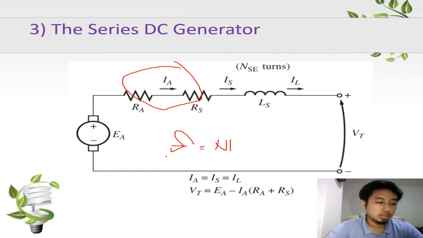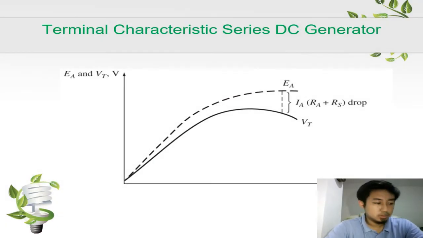So this is the KVL, Kirchhoff voltage law equation of this type of generator. For the terminal characteristic of the series DC generator, the magnetization curve looks very much like the magnetization curve of any other generator. At no load, however, there is no field current, so VT is reduced to a small level given by the residual flux in the machine.